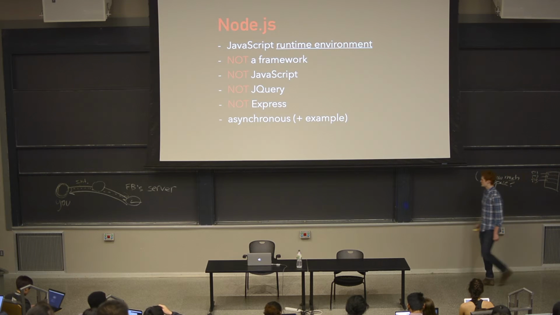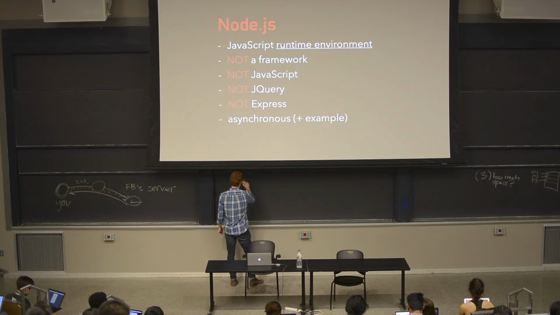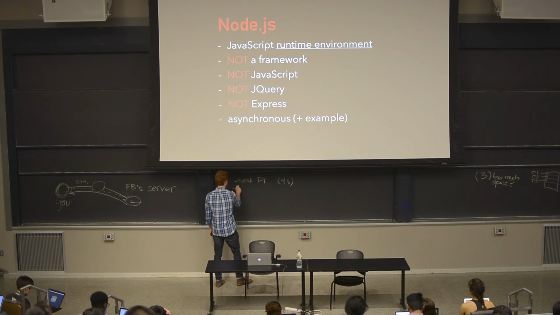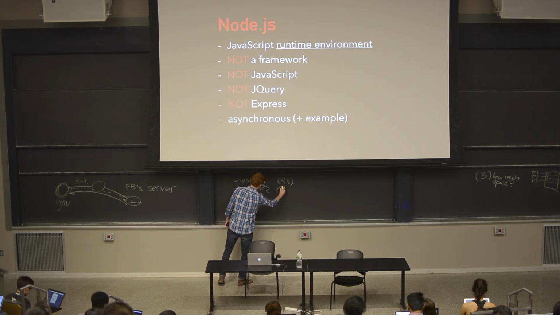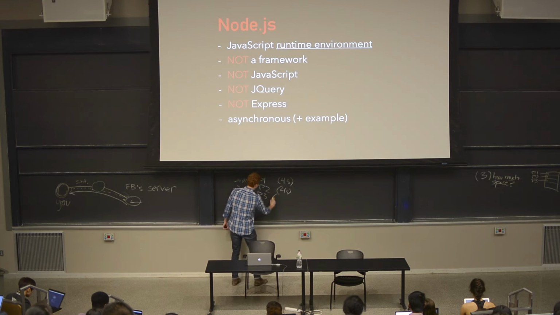So the order of things that we have to do is we have to ask P1 for their memory usage, which is 4 seconds, right? And we have to ask P2, 4 seconds. Ask P3, 1 second.